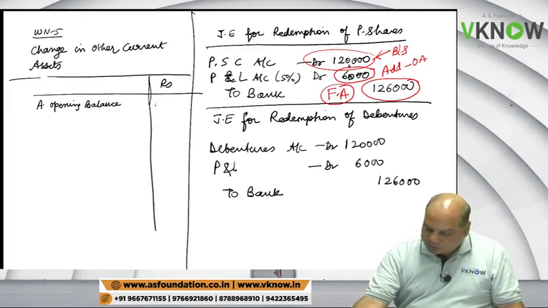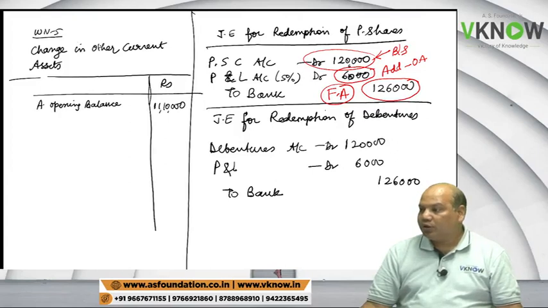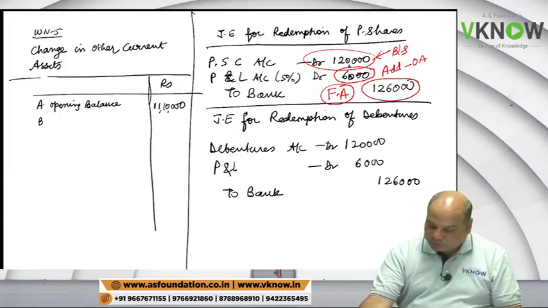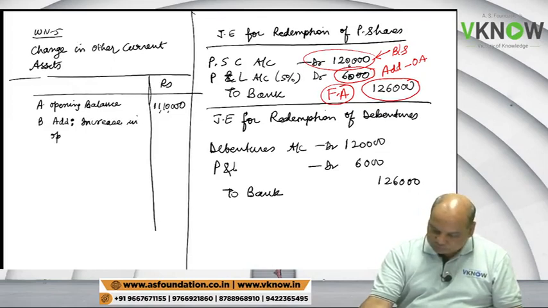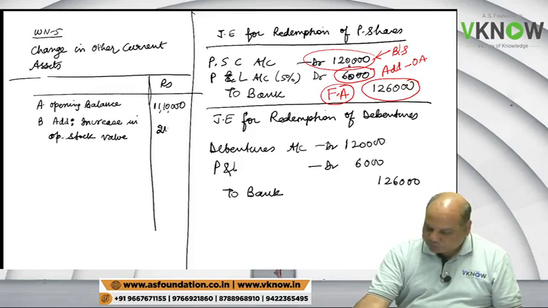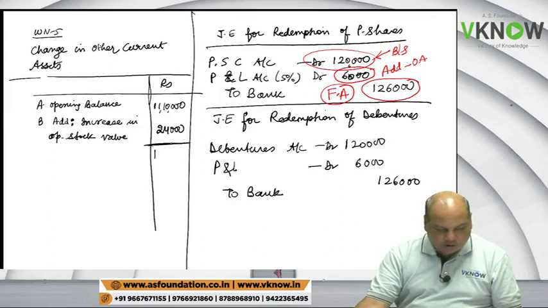The opening balance of other current asset is 11 lakh 10,000. But there is a problem; it is not correct. You have to add the increase in opening stock value, 24,000. So now this has become 11 lakh 34,000.